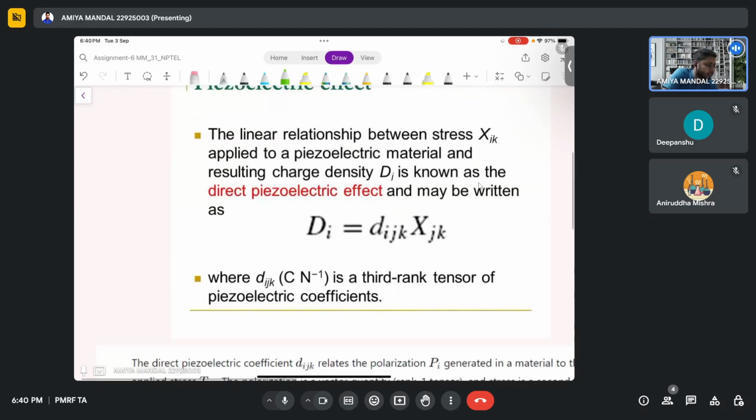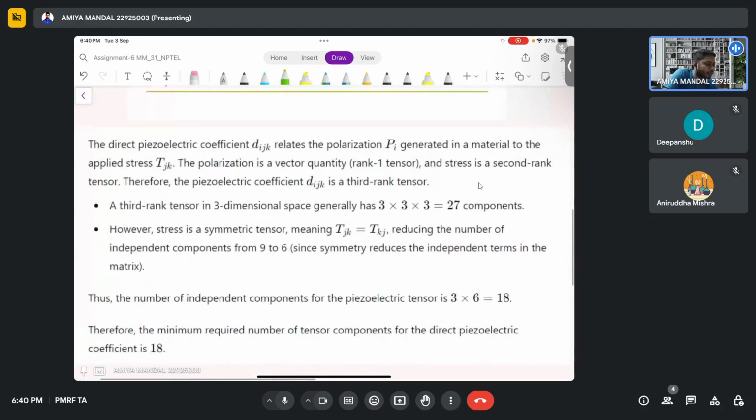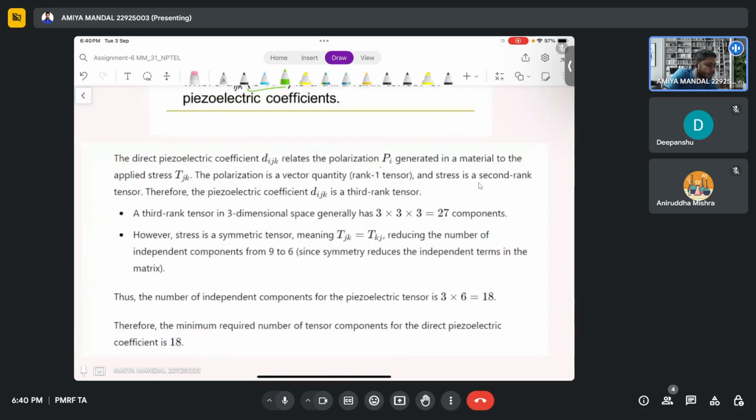You can see the linear relationship, this is the direct piezoelectric effect: Pi equals Dijk Tjk, a summation over j and k. Coulomb per Newton is a third rank tensor. So for the direct piezoelectric effect, Pi is generated by the stress Tjk.